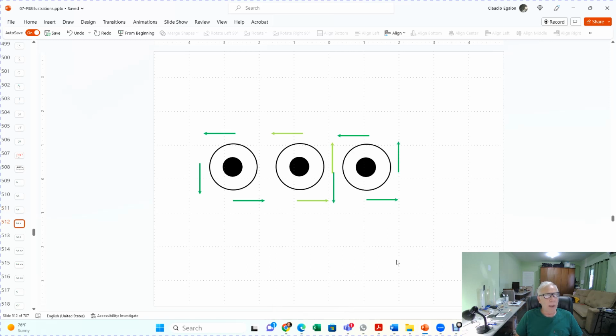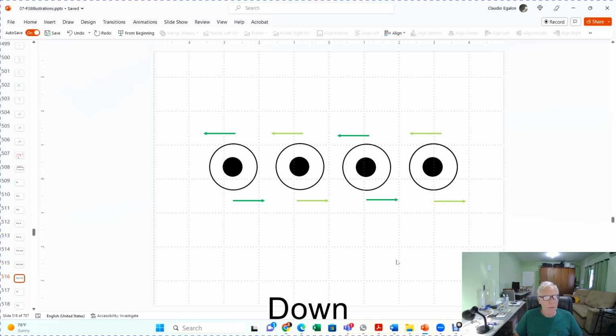Then we have the third wire. Something similar happens, right? And so on, the fourth wire. So from this simple qualitative analysis, we found out that we have just a horizontal field at the top pointing to the left and a horizontal field at the bottom pointing to the right.